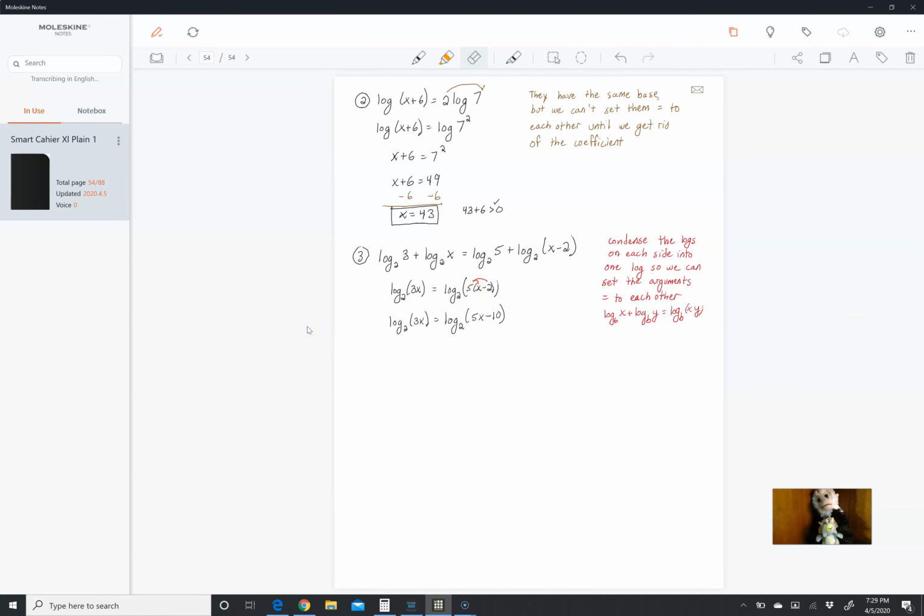So then we have the same base, so therefore the arguments are the same. So 3x is equal to 5x minus 10. So we're going to subtract 5x from both sides. This is a linear equation. We're solving for x.